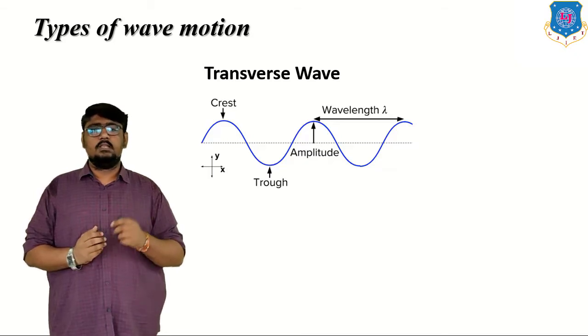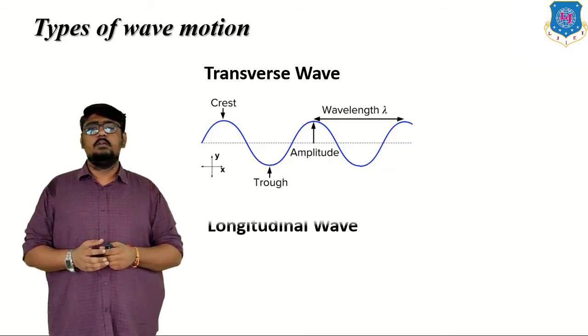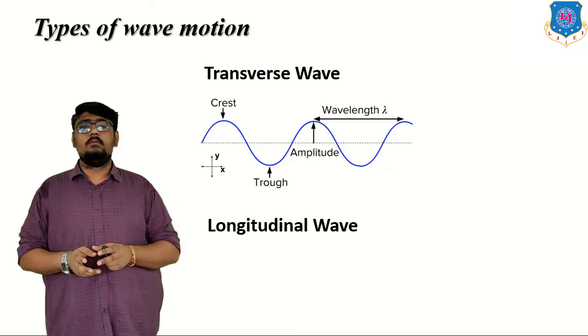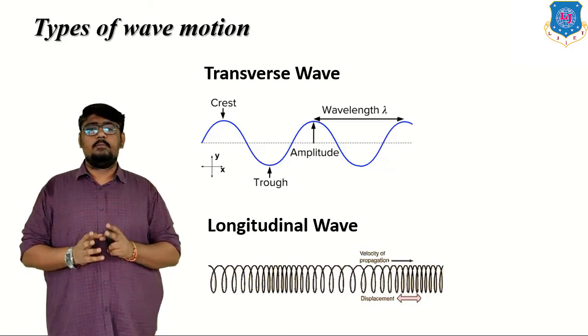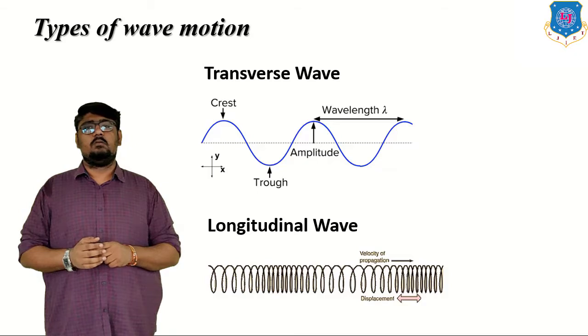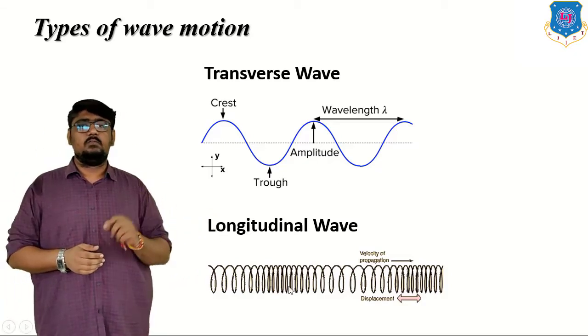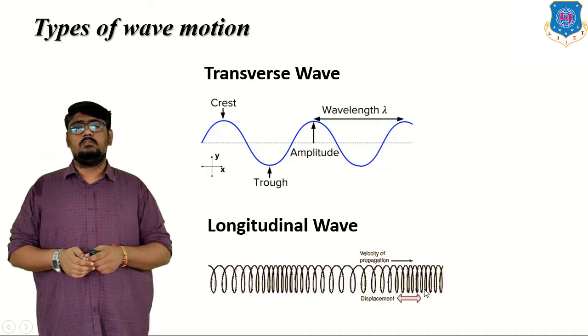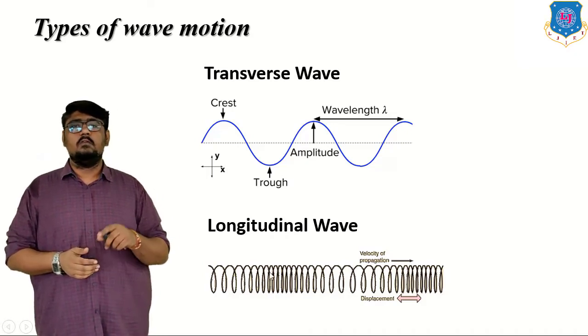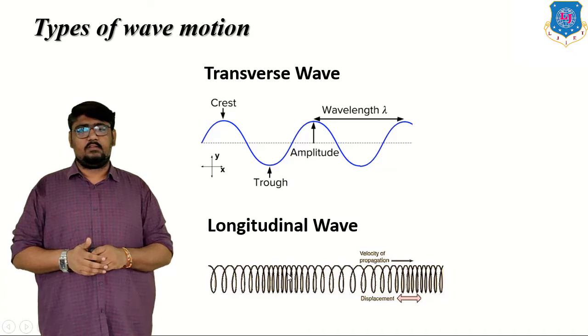Okay. Now next come the longitudinal waves. In longitudinal waves, the particles of a medium vibrate parallel to the direction of propagation. As you can see in the figure, the vibration is parallel to the direction of propagation. Longitudinal waves consist of compression and rarefaction.